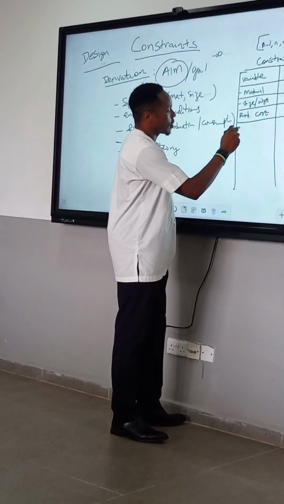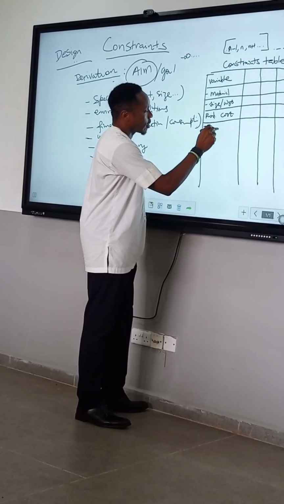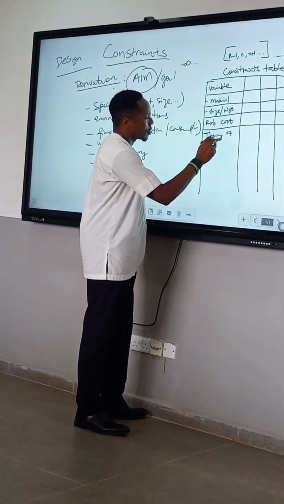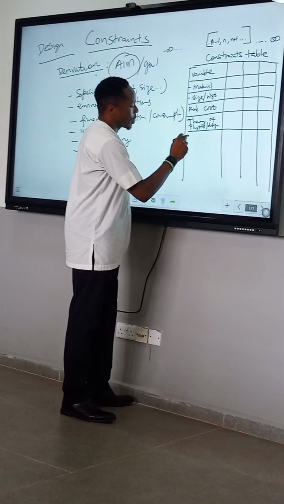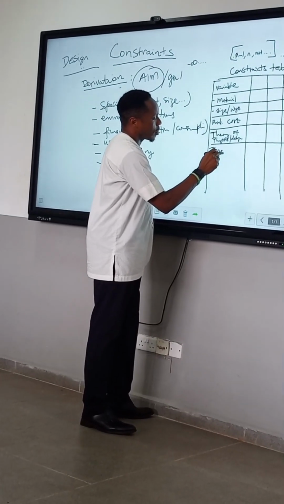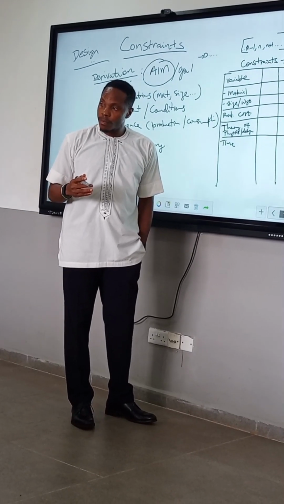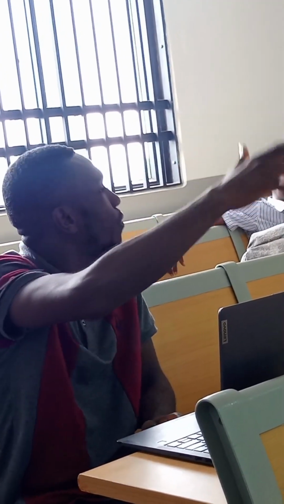Okay, this is design laws, theory of design, but you understand it: theory of physics or design. What else should I write? Time to produce. Feature, yes. Operation. Yes, operation.